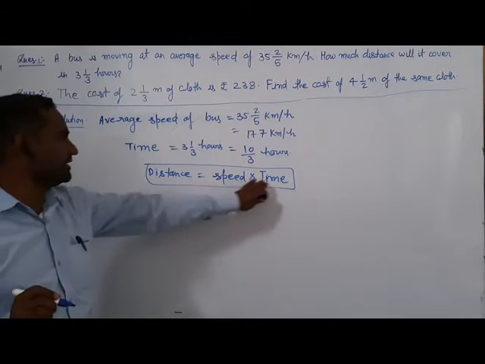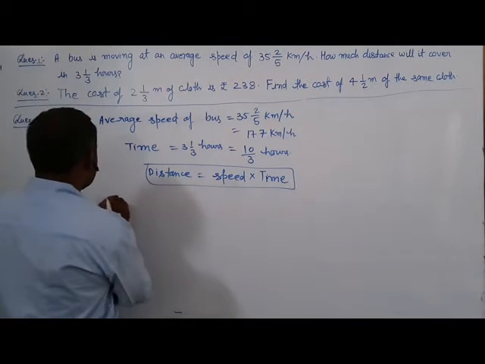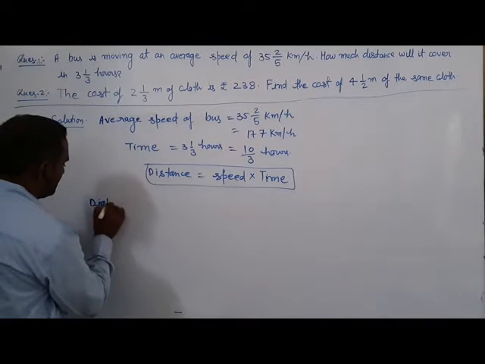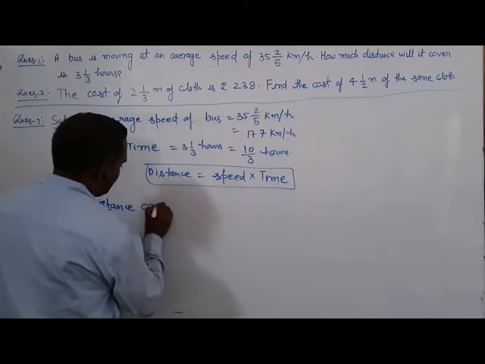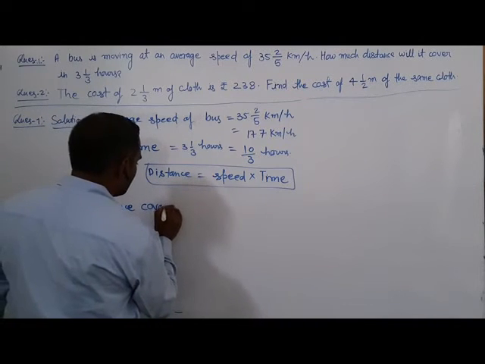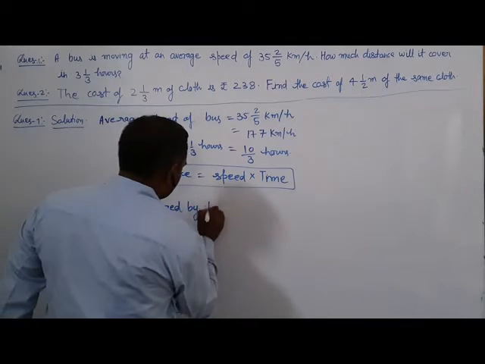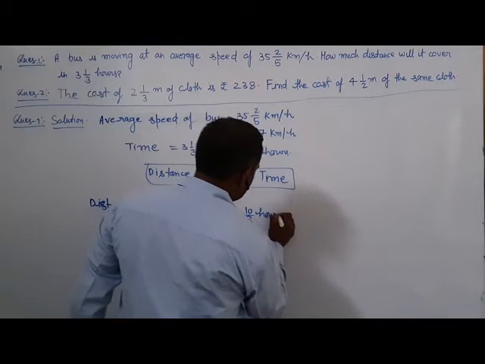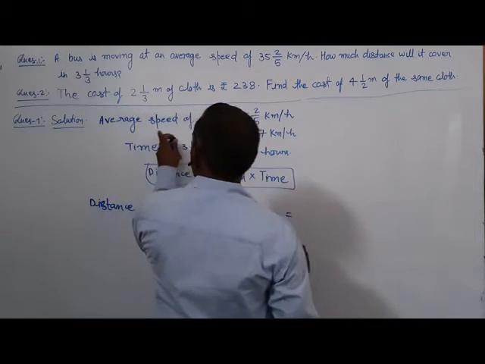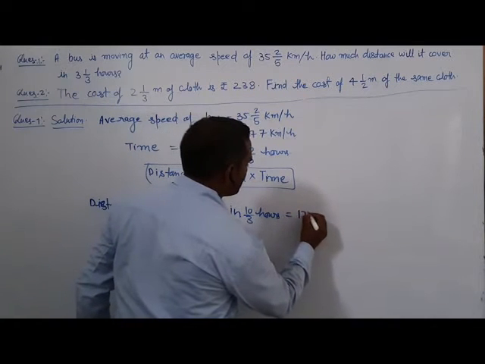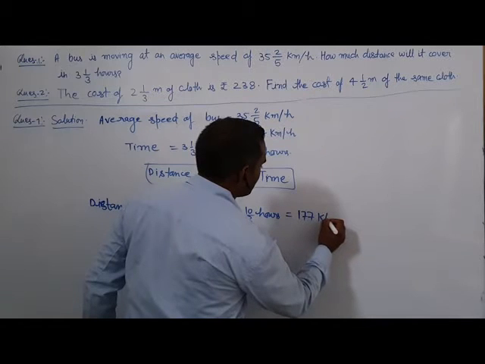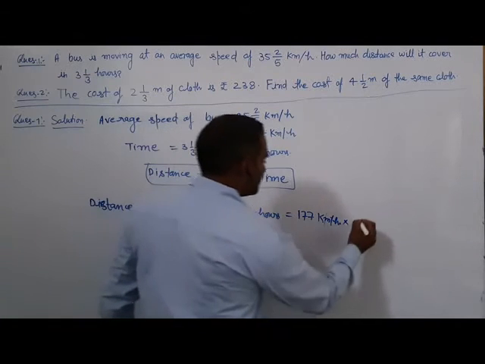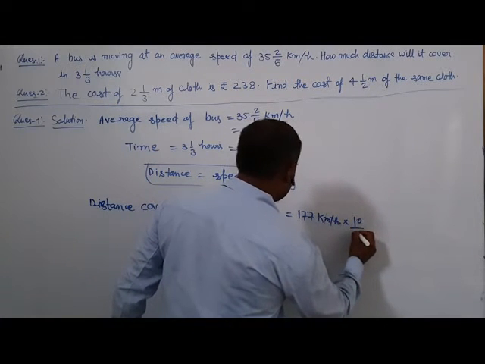So distance covered by bus in 10/3 hours is equal to speed, 177/5 kilometer per hour, into 10/3 hours.